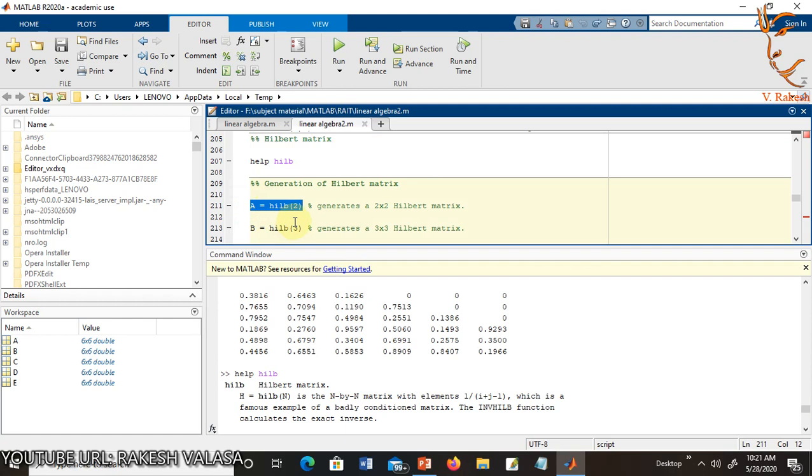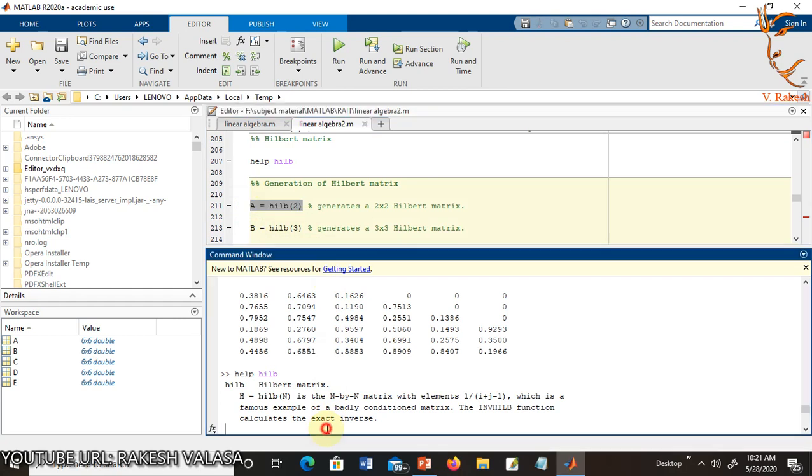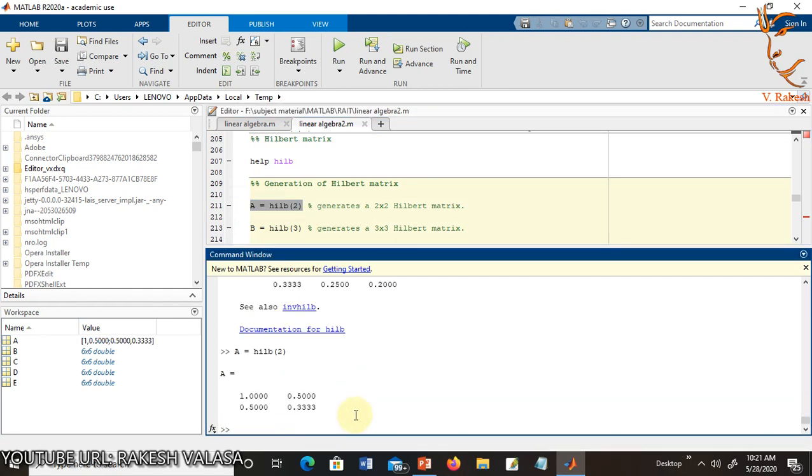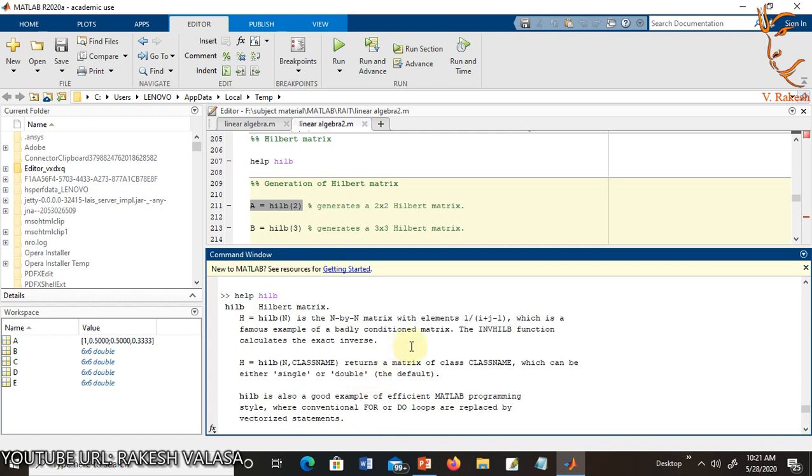Now write the syntax for Hilbert matrix. A equal to hilb of 2. It generates a 2 by 2 Hilbert matrix. We know what is a Hilbert matrix. You can generate the matrix by this principle, that is each and every element is generated with the help of this formula, 1 by i plus j minus 1. i means row position, j means column position.